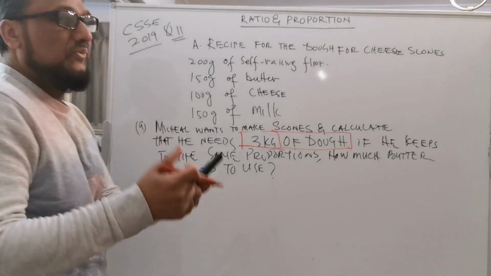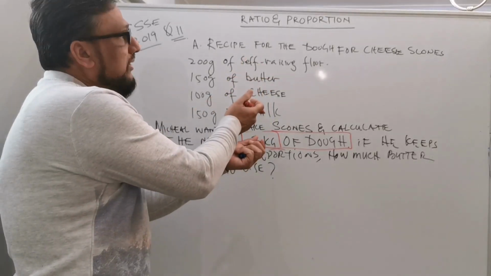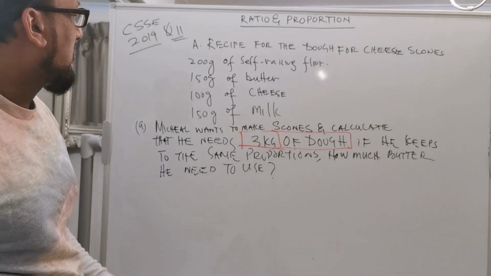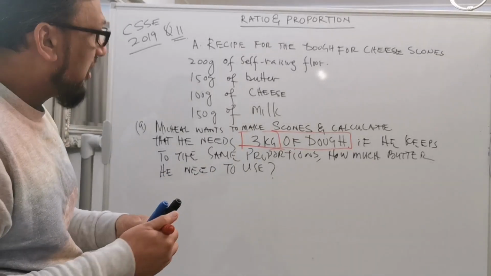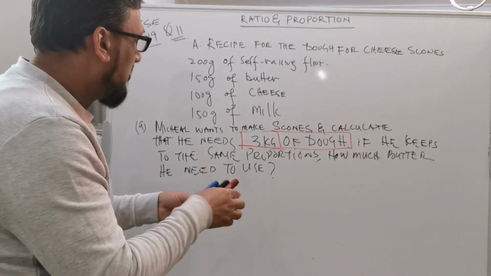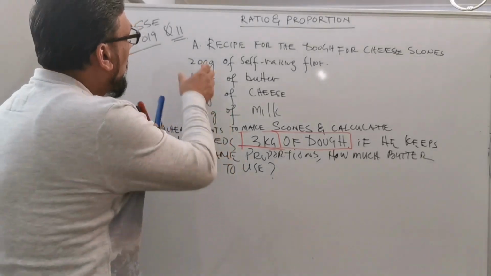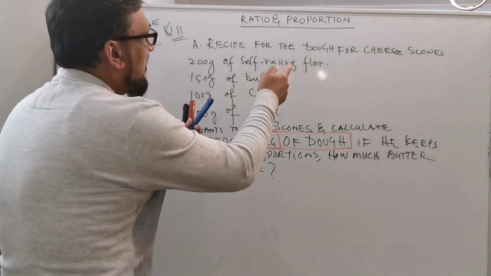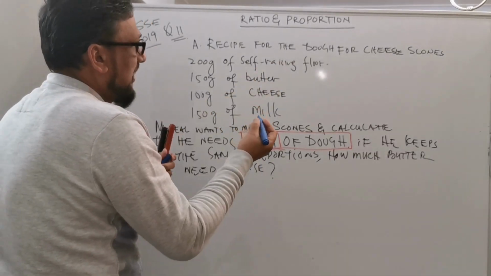So what we do, the first step, we need to find the proportions, which I discussed in my last example. Very simple. You need to add all the numbers.